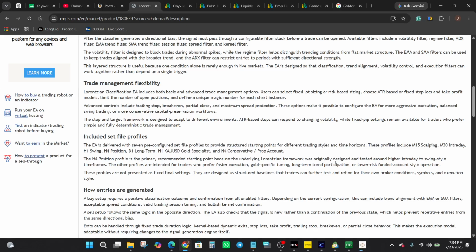The developer explicitly notes that the H4 position profile is the primary recommended starting point, as the underlying Lorentzian framework was originally designed around higher intraday and swing time frames.